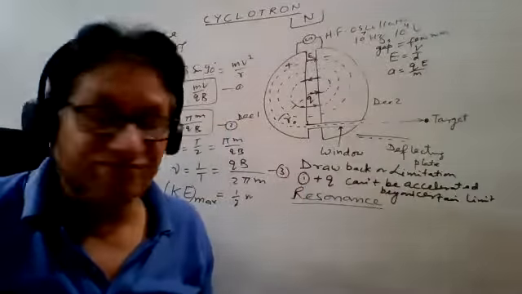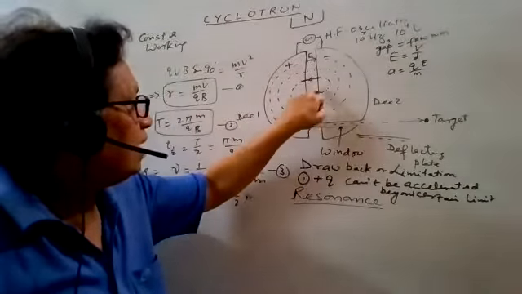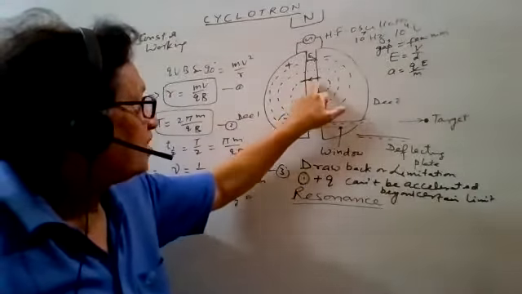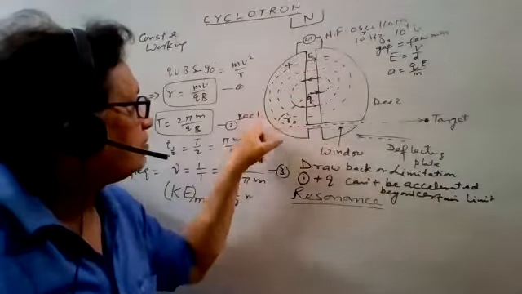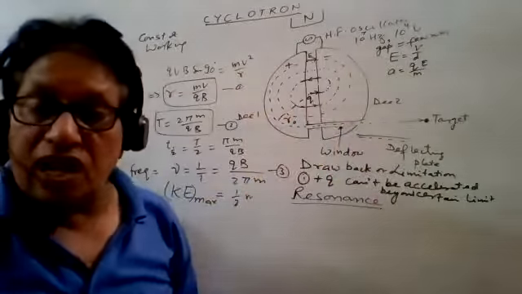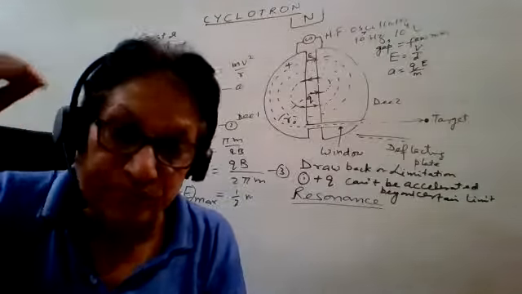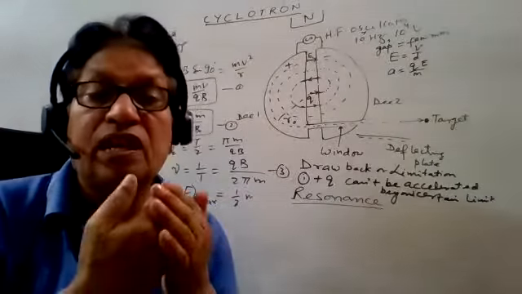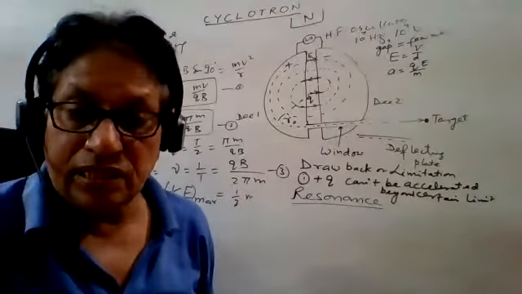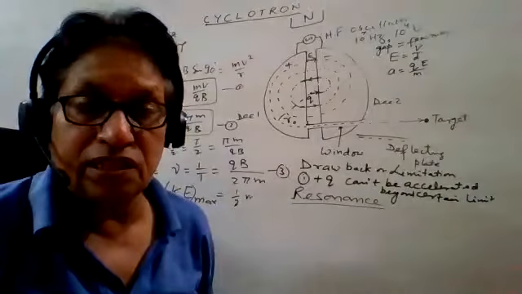Resonance means, suppose electron is here, the directional electrical field should be from D2 to D1. Suppose electron is here, directional electrical field from D1 to D2, like this. So every time, whenever required, directional electrical field must be such so that every time it increases the speed and kinetic energy of the charged particle.